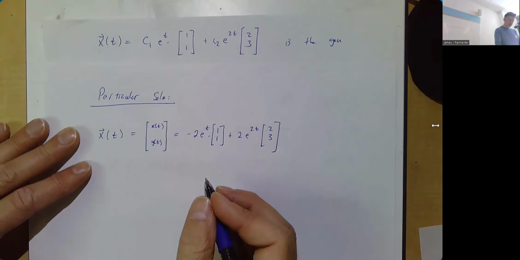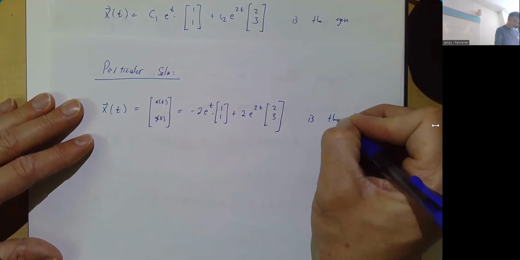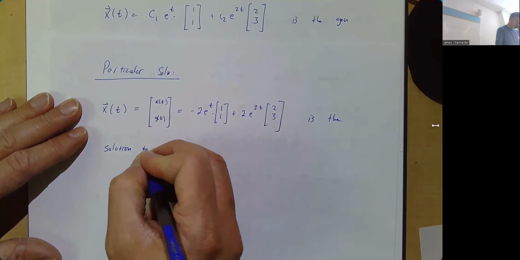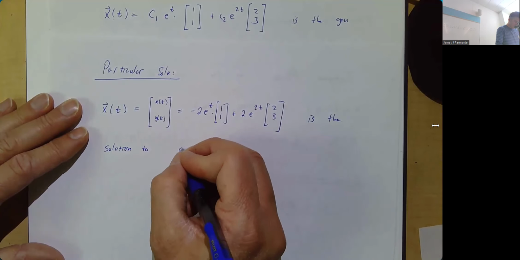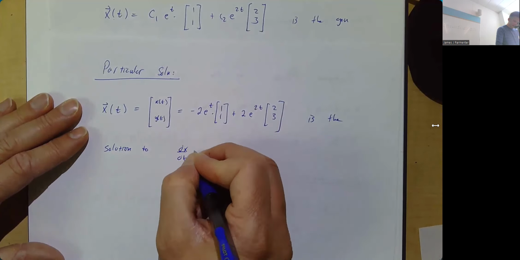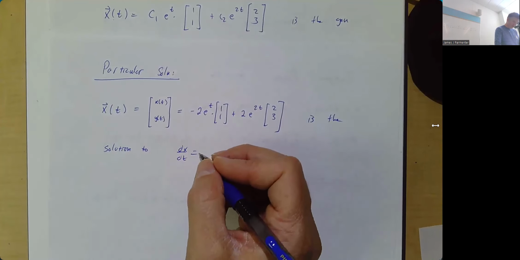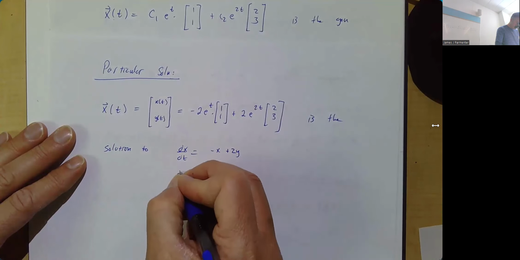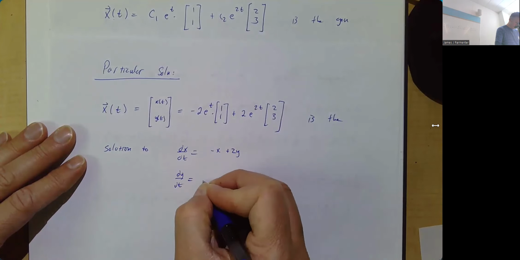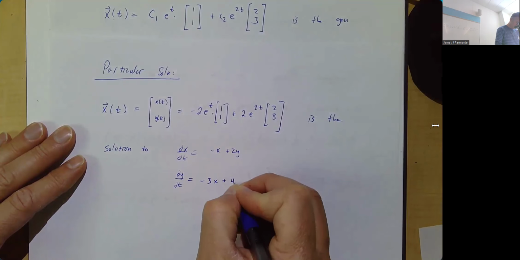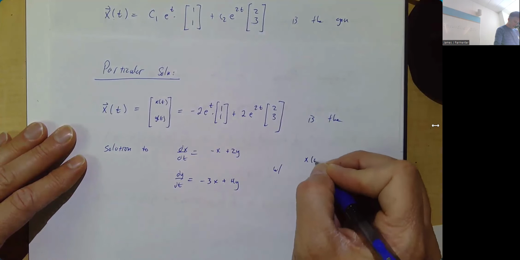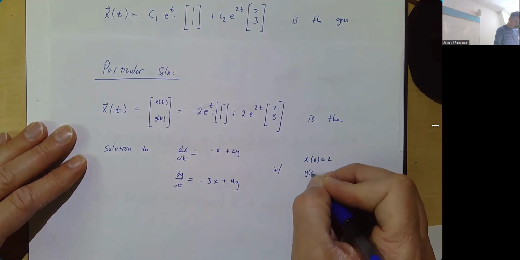And this is the solution to dx/dt equal to -x plus 2y, dy/dt equal to -3x plus 4y, with the initial conditions x of 0 equal to 2, y of 0 equal to 4.